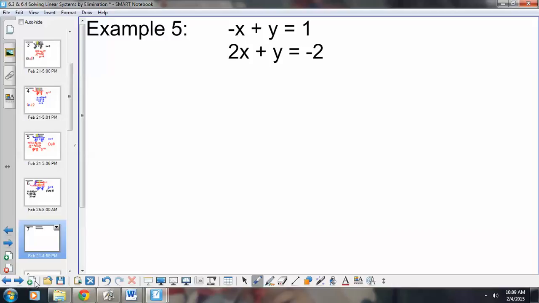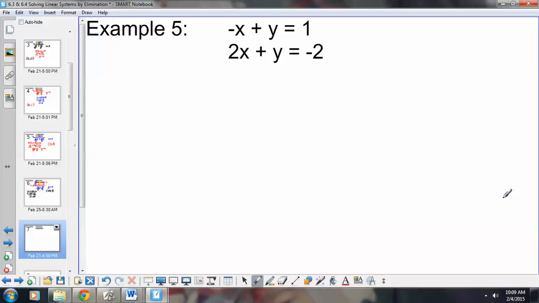What, Haley? You could, but that's going to give you 1/2 y. Multiply by 2. Where? On the top one. Good, Brady. You could multiply the top equation by a positive 2. That would give you a negative 2x here, so then the x's would eliminate.